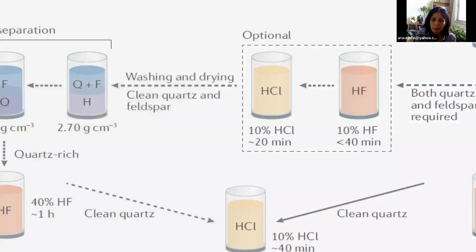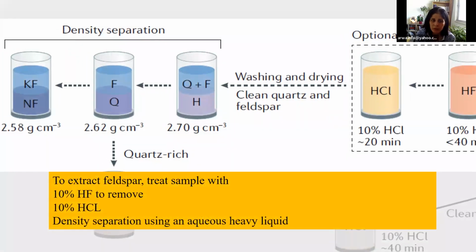But if we wish to use feldspars for measurements too, we separate the two minerals using the density differences between them. That's called heavy liquid separation. It uses a liquid of density 2.58 grams per cubic centimeter, which allows feldspars to float on top because they are lighter, and quartz to sink to the bottom because it is heavier.